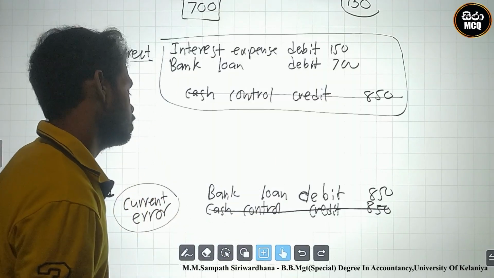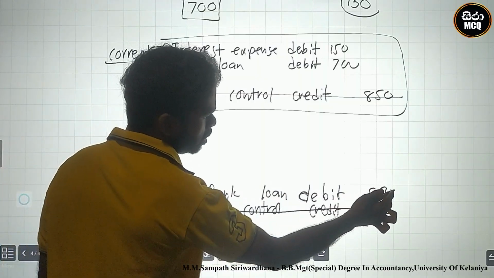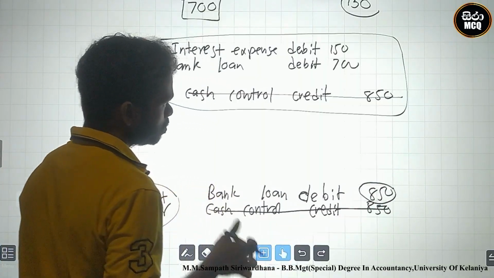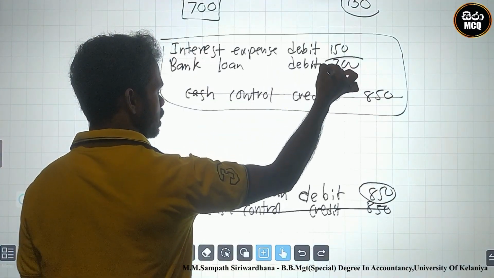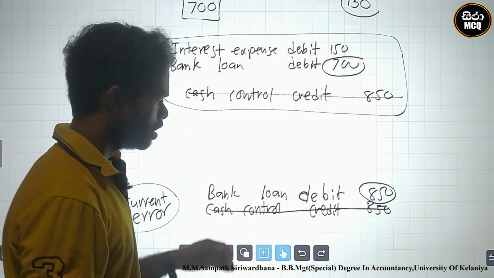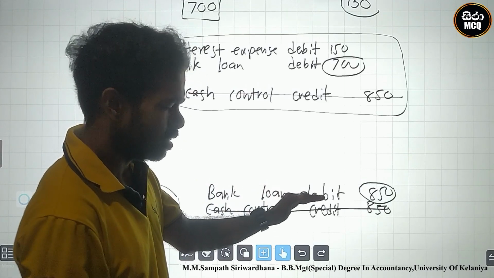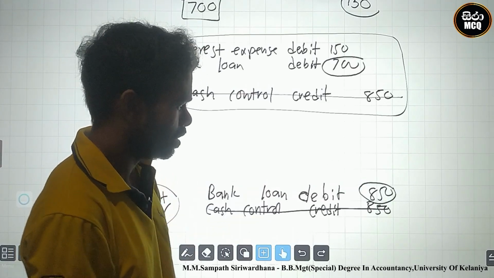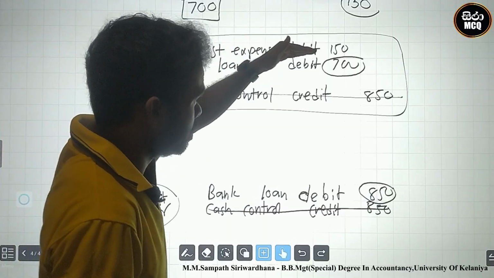Okay, what is the error? Look here, bank loan debit 850 currently, but bank loan debit should actually be only 700. The current situation is bank loan debit 850. Actually, the correct one is bank loan debit 700.